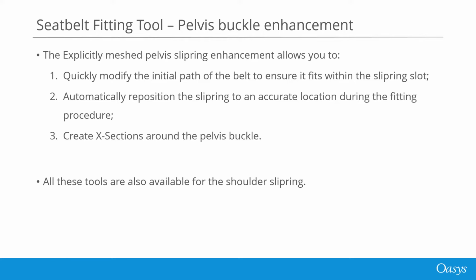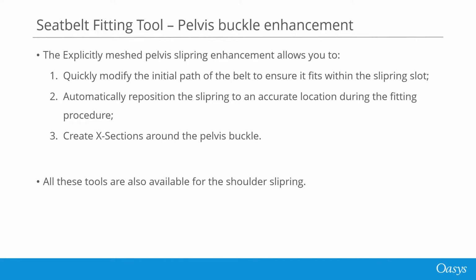The version 21 enhancement simplifies 3 key pain points when working with explicitly meshed pelvis slip rings. Firstly, the quick fit function will position the initial belt path within the slip ring slot, making it much easier to generate a basic belt path. Secondly, it's hard to predict the natural position of the pelvis slip ring.